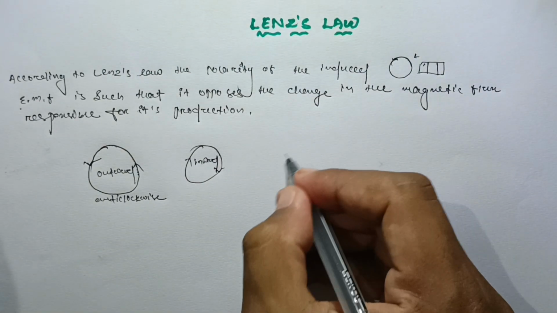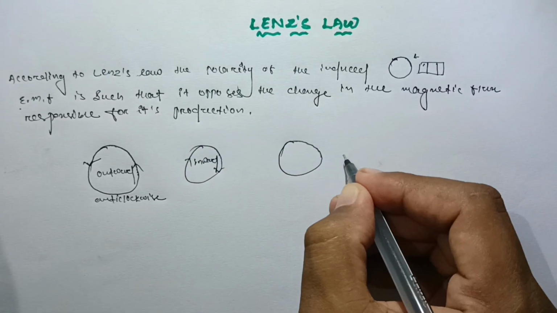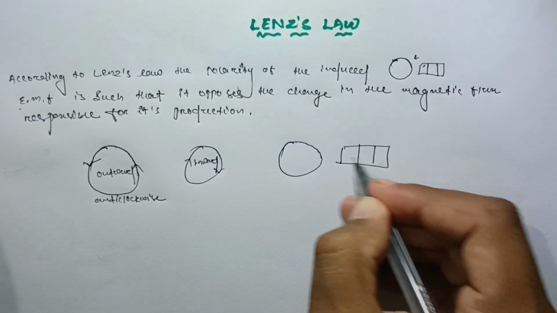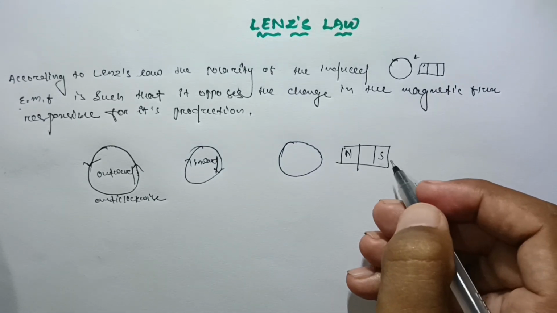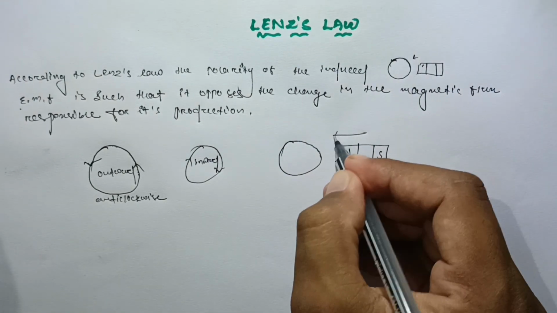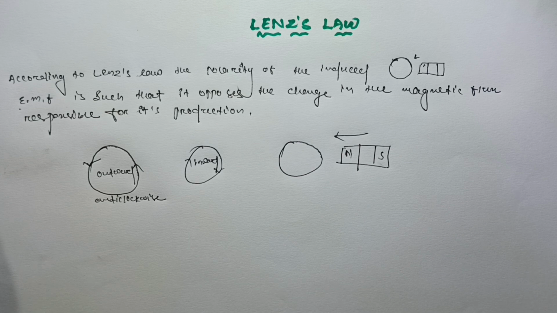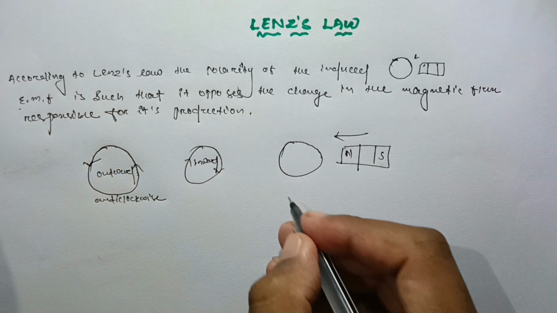Now if we take a coil, right, and a bar magnet, there is a north pole and south pole, right? If we move it towards the coil, then what kind of direction should flow in this coil? The current flows in anti-clockwise direction, right? Why?